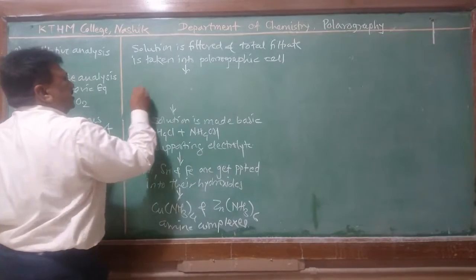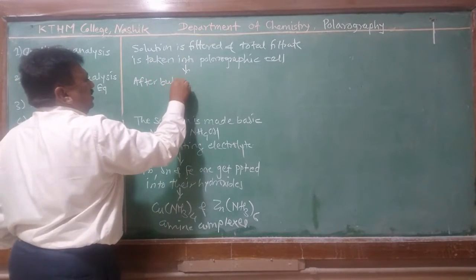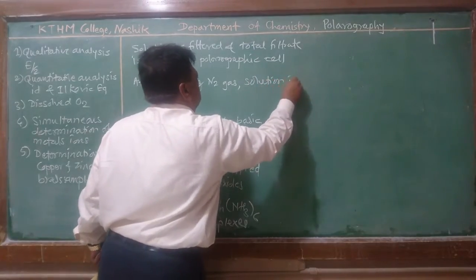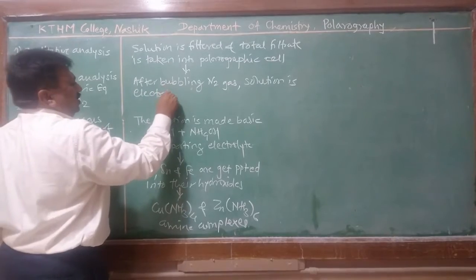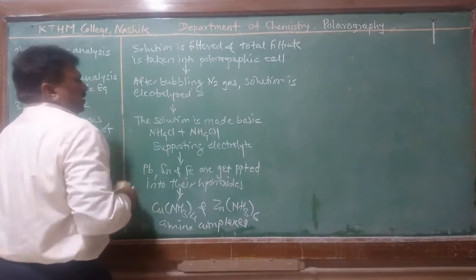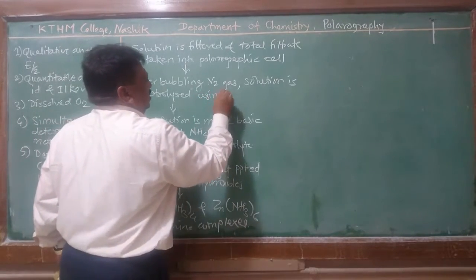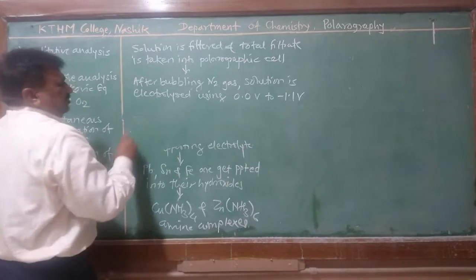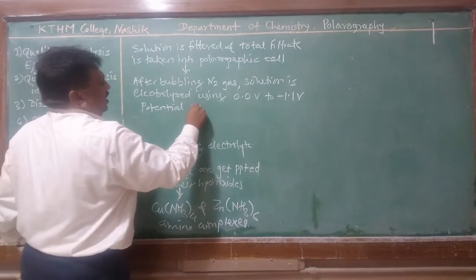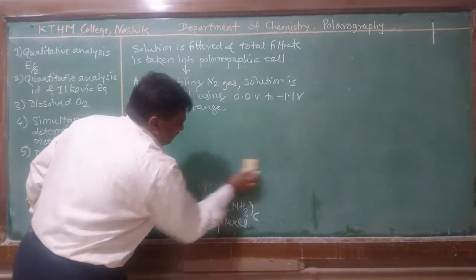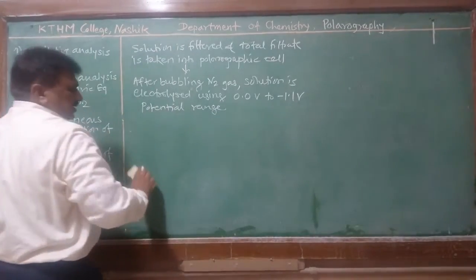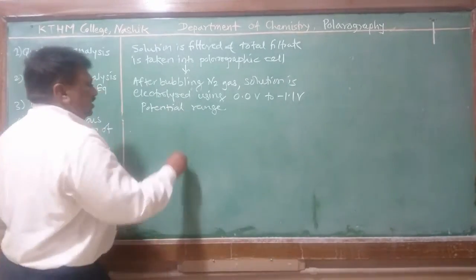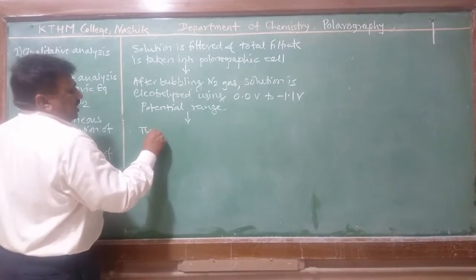After bubbling nitrogen gas, the solution is electrolyzed using a potential range of 0.0 volt to minus 1.1 volt, so that the copper amine complex and zinc amine complex are converted into copper amalgam and zinc amalgam and produce a polarographic wave.